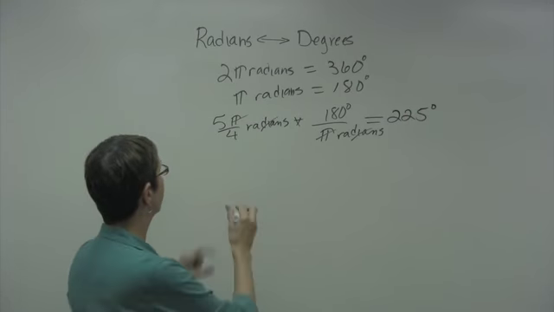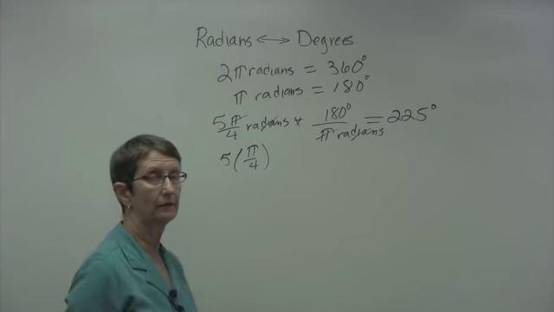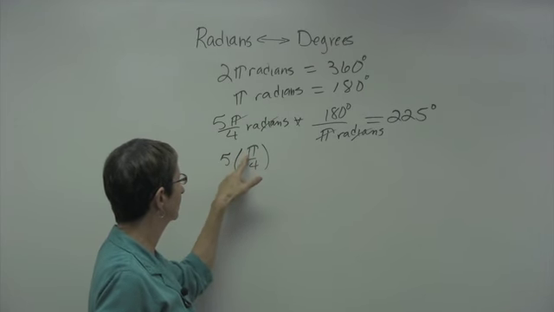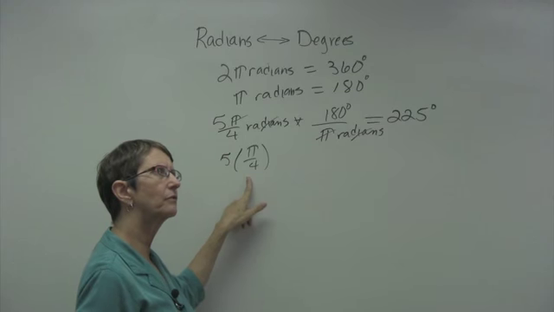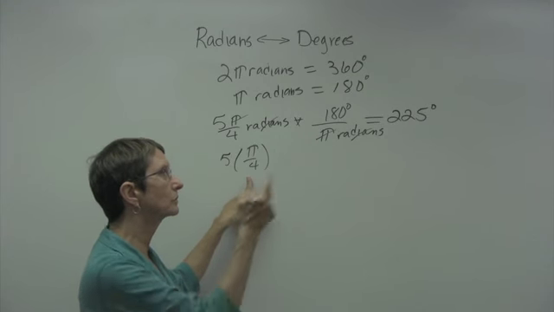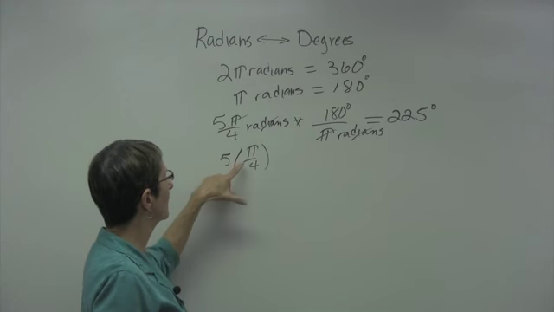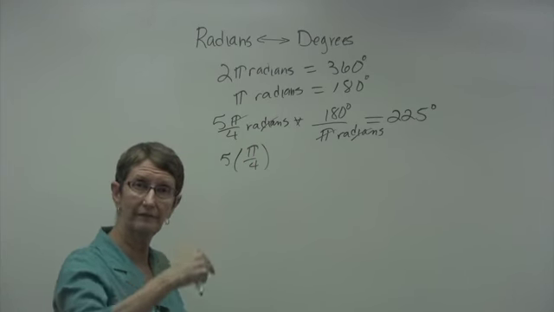It's also 5 times the pi over 4 angle. Well, the pi over 4 angle was 45 degrees. Pi over 4 was 45 degrees, and multiplied by 5 gives me 225 degrees.